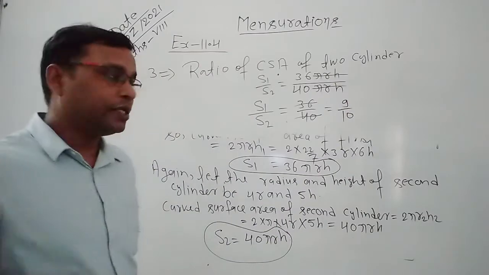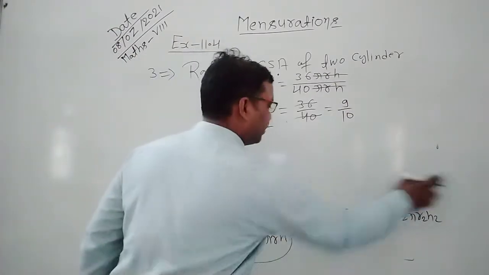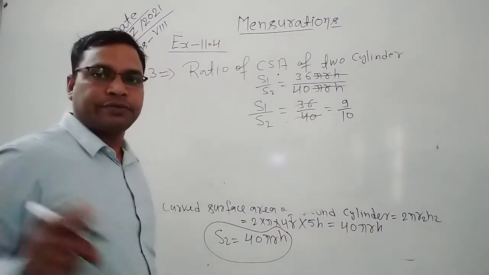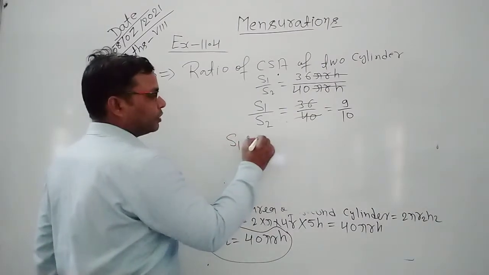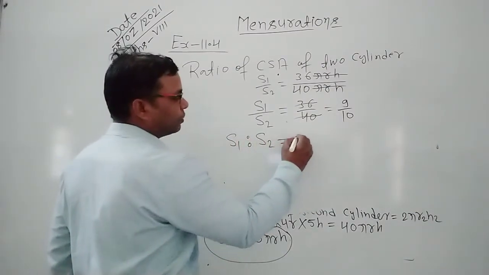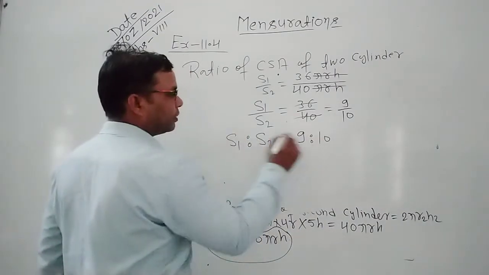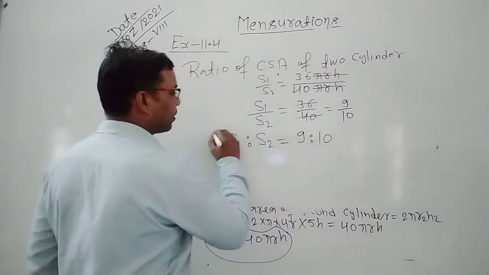But we need to find the ratio of their curved surface areas, so S1 ratio S2 is equal to 9 ratio 10.